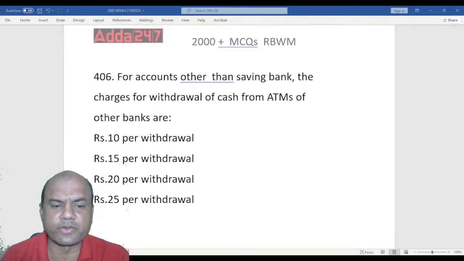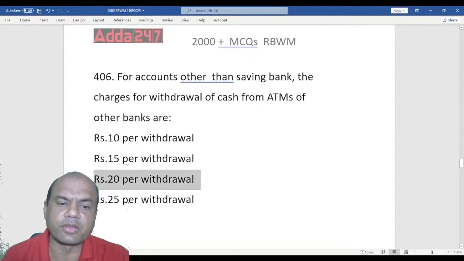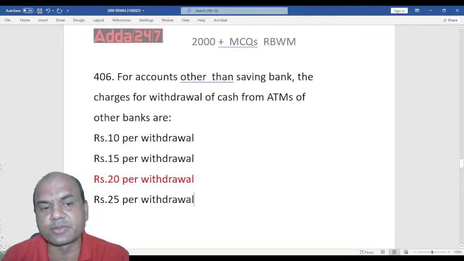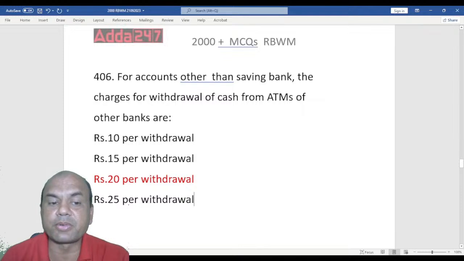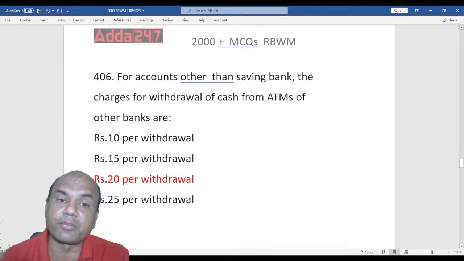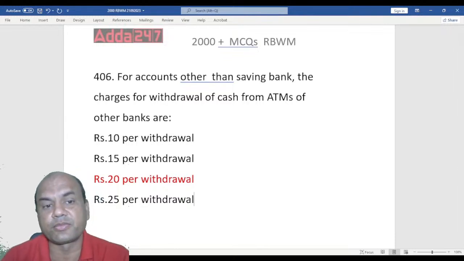So what are the charges for the withdrawal of cash from the ATMs? It is again 20 per withdrawal. Same 20. These are the basics. We don't pay attention to these, but these questions come in the exam for JIIB.